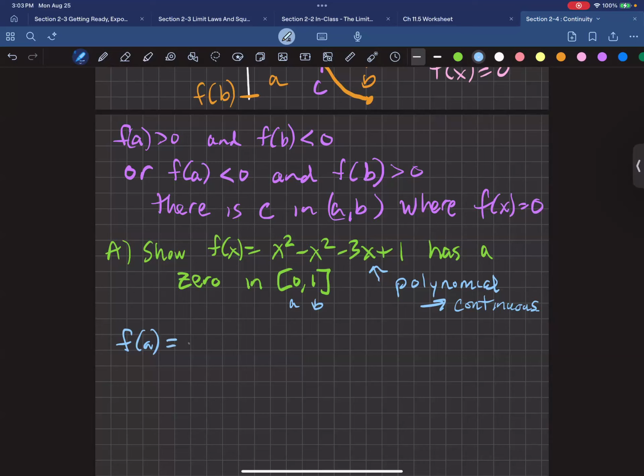f of A is f of 0, which is 0 cubed minus 0 squared minus 3 times 0 plus 1, which is just 1.